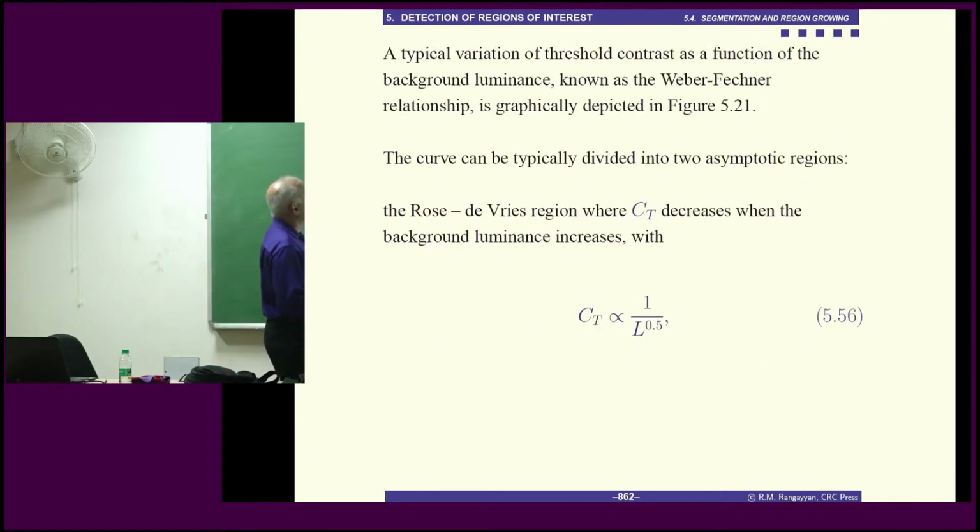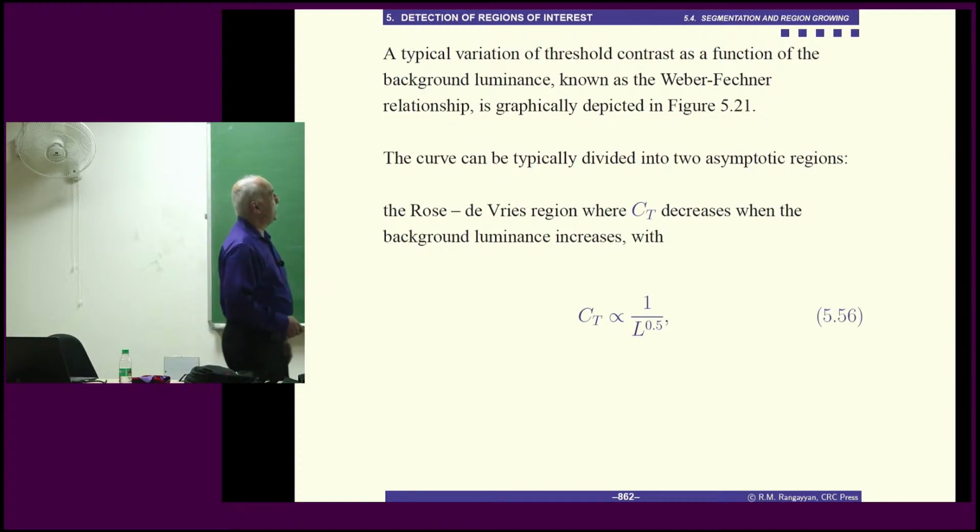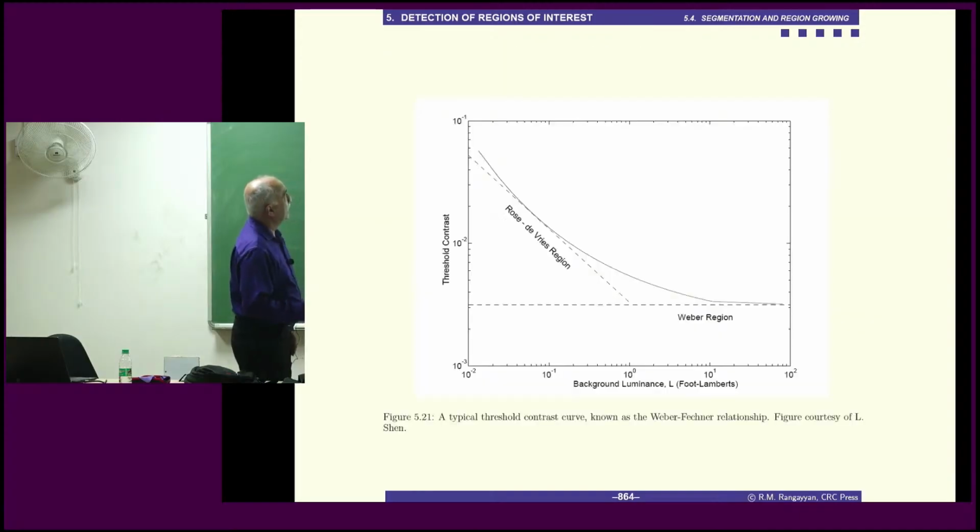So using that, we can say CT is proportional to 1 over L to the power of 0.5, or 1 over square root L. This is related to what is called the Rose-de Vries region, where CT decreases when the background luminance increases, and there is a curve here. The Weber region is where this threshold is approximately constant for various increasing levels of background luminance.